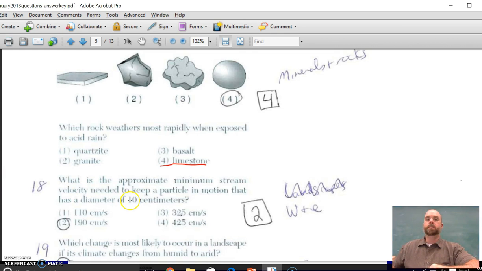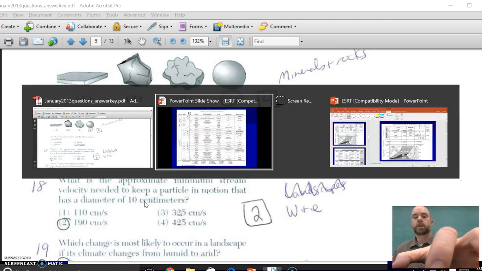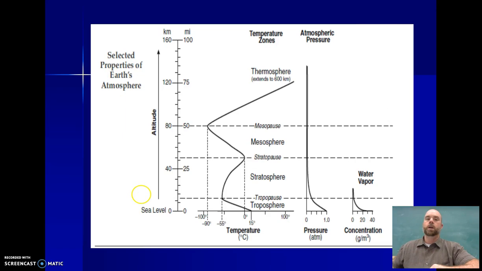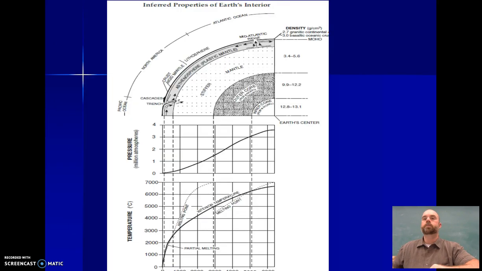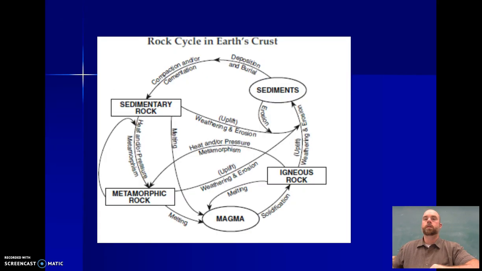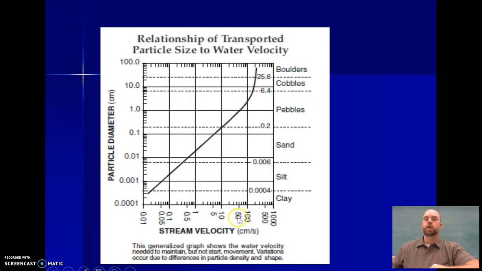What is the approximate minimum stream velocity needed to keep a particle in motion that has a diameter of 10 centimeters? All right, we go to the stream velocity chart. On the stream velocity chart, we go to 10 centimeters. Now this is stream velocity on the bottom. 10 centimeters is here. We go across.